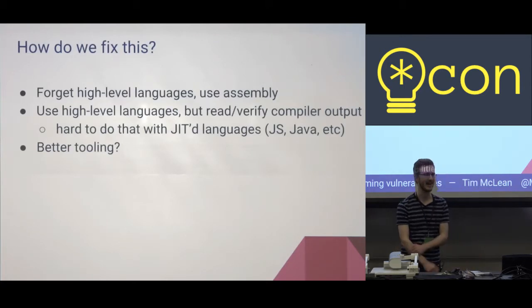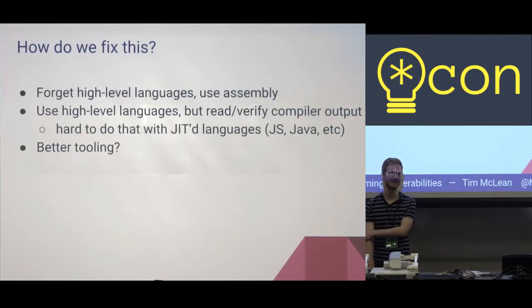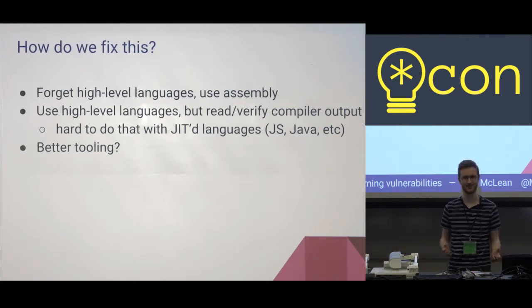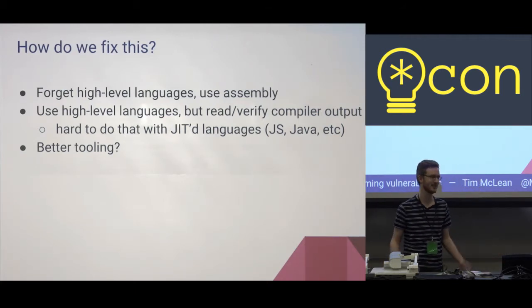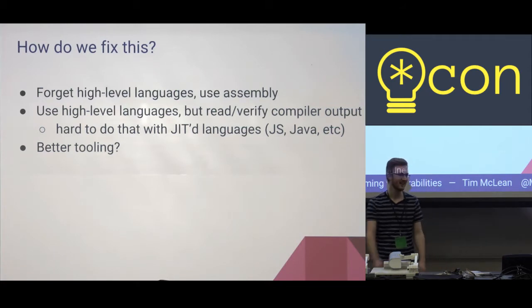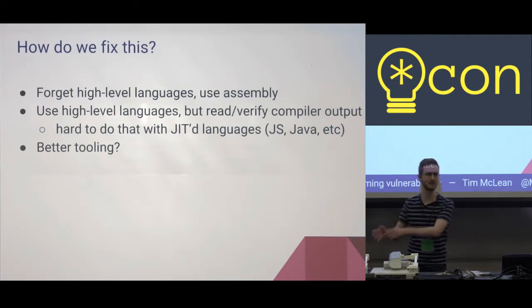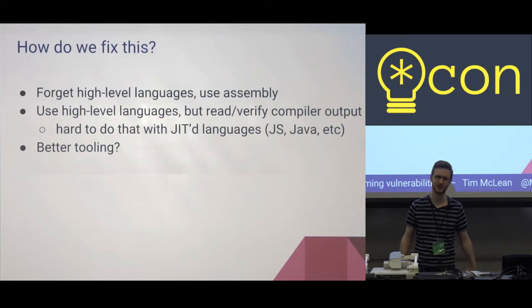So how do we fix that? Well, that's painful. We could potentially just forget about high-level languages altogether, use assembly, go back to the dark ages. We could use high-level languages, but then compile them into assembly and read through the assembly output and look for vulnerabilities. That also is painful, so hopefully we don't have to do that.